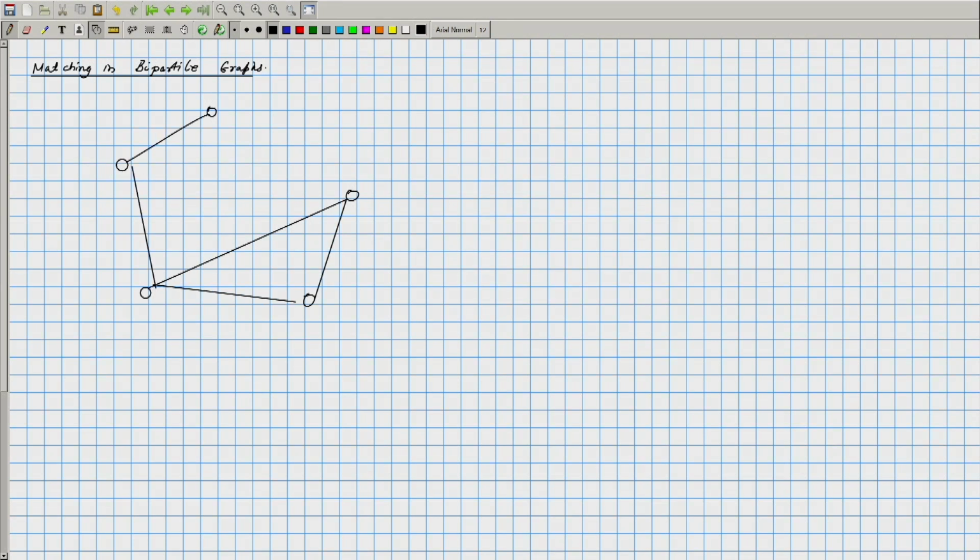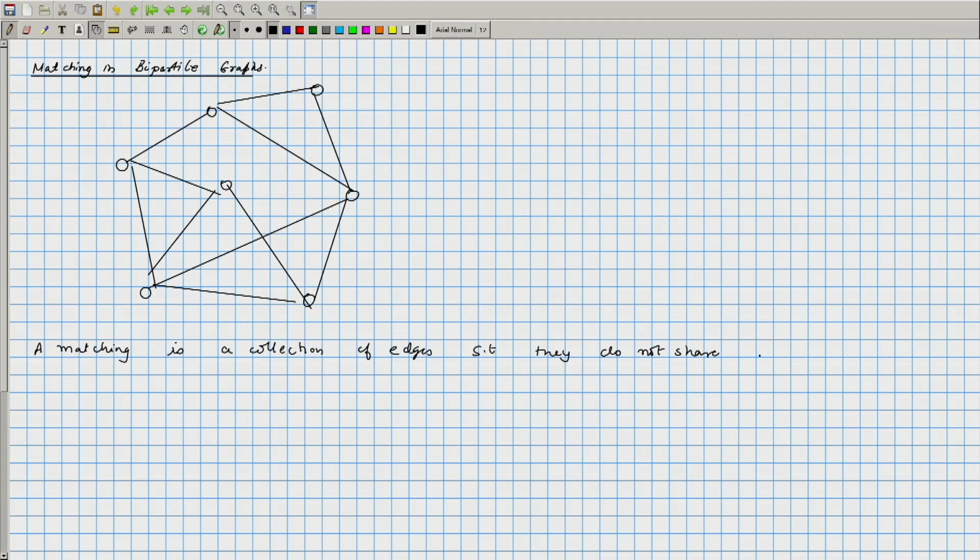So, this is a graph on 7 vertices. A matching is simply a collection of edges such that they do not share a vertex.